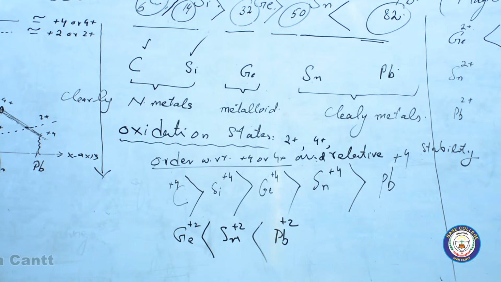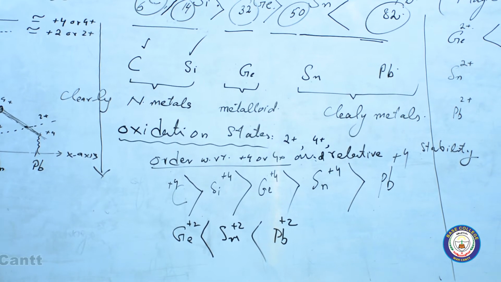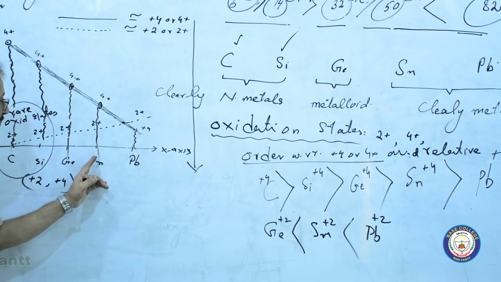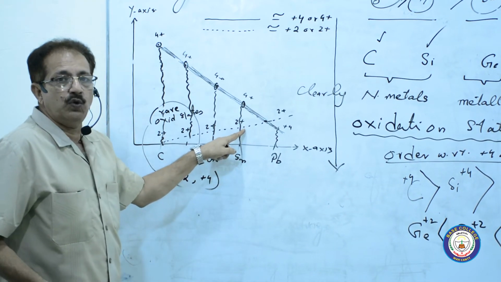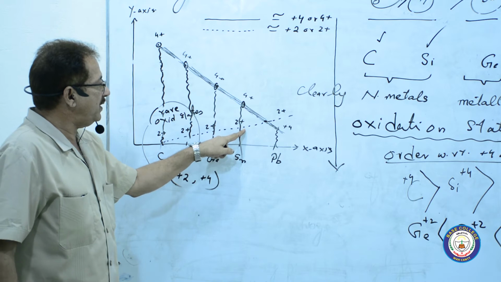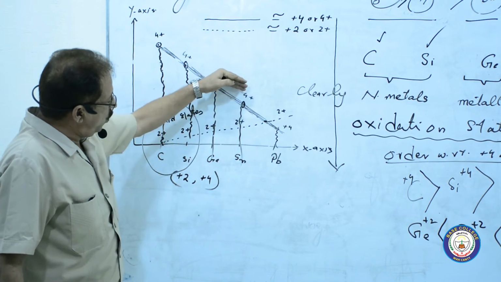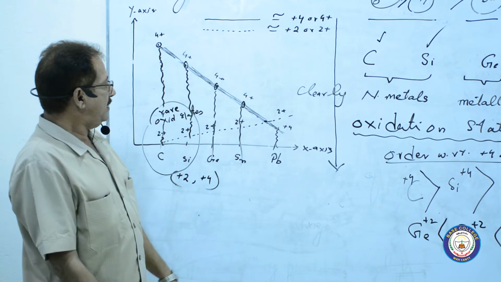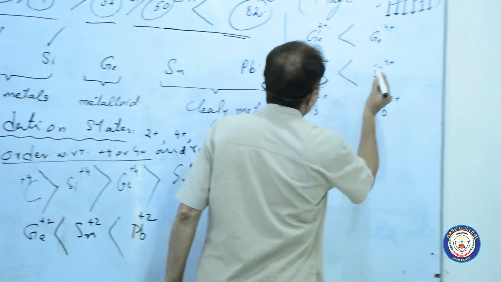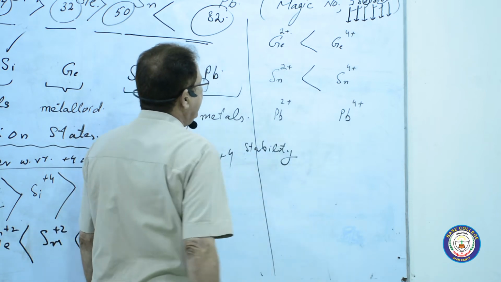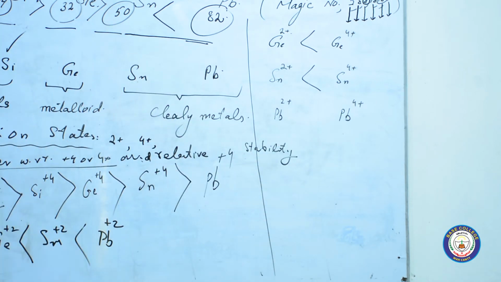Similarly, look at this tin. The plus 4 is higher while plus 2 is in the lower form. So Sn plus 4 is more stable than Sn plus 2.